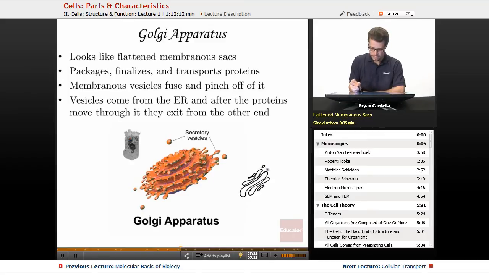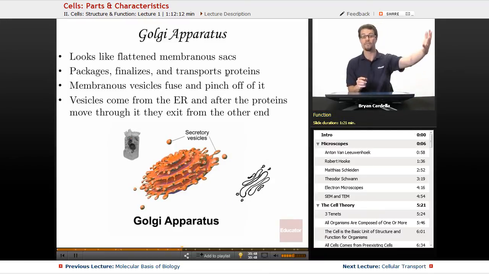And you'll see what they call secretory vesicles. Little sacs will pinch off of them, similar to what I was talking about with the ER, how a protein could be trapped or contained within a membrane. You'll have secretory vesicles going to the Golgi and leaving the Golgi, and here's why. The Golgi packages, finalizes, and transports proteins that have come from that ER. So typically you'll see the Golgi neighboring the ER in a cell.